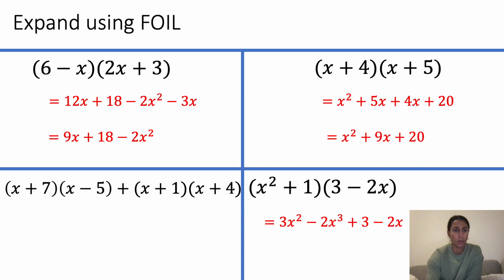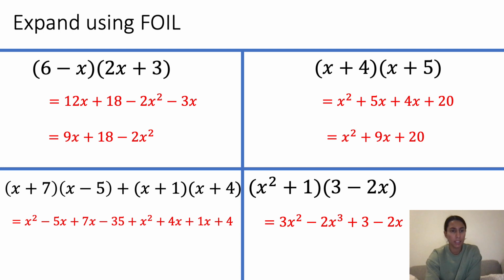And then this one in the corner, you would do FOIL twice, so you would do FOIL here and then FOIL here, and then collect all the like terms. If we FOIL both of them out, we'd get x squared minus 5x plus 7x minus 35 for the first bit. This bit here would get us x squared plus 4x plus 1x plus 4.